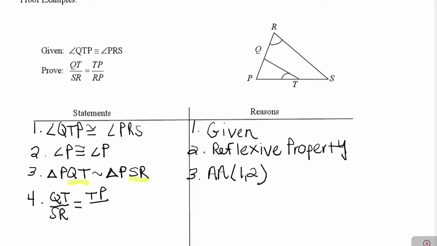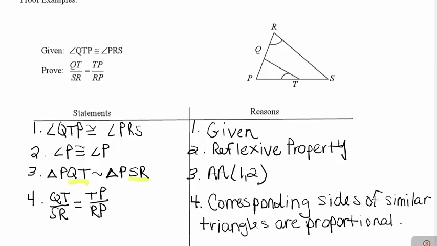So the ratio of QT over SR is equal to the ratio of TP over RP, and that's part of our extended proportion. The reason for that is the new reason we talked about. It's actually part of the definition of similar. We know that corresponding sides of similar triangles are proportional. So this is like the CPCTC for similar triangles.